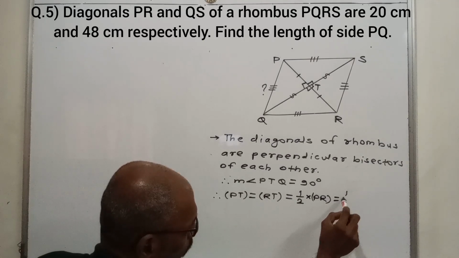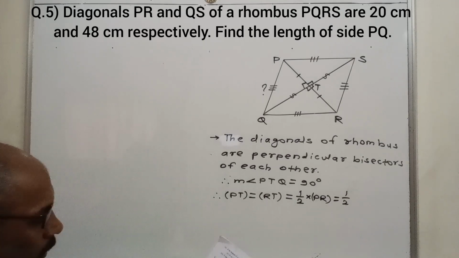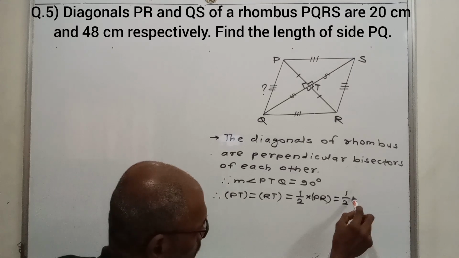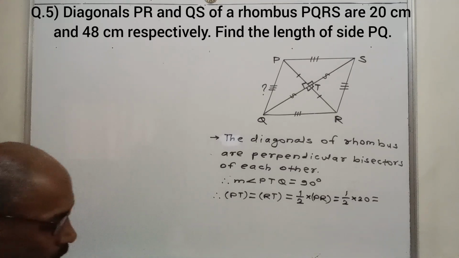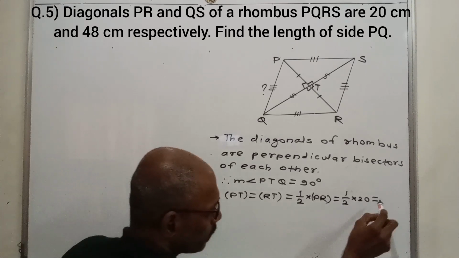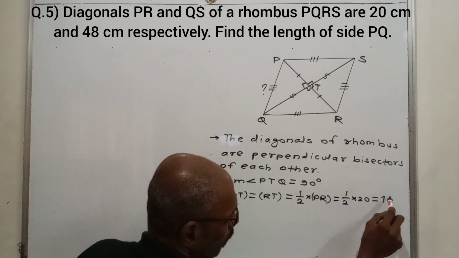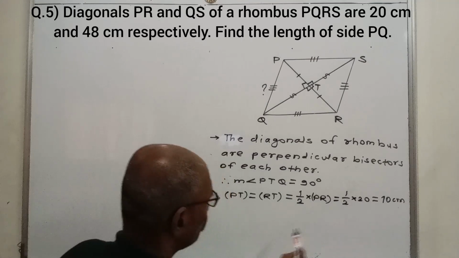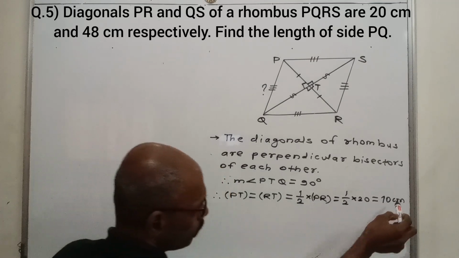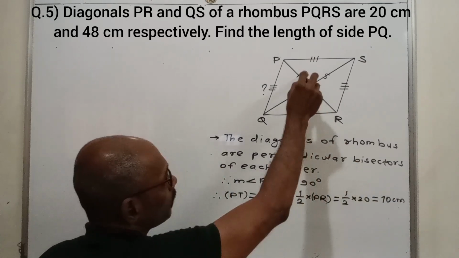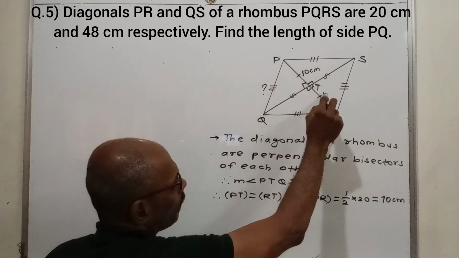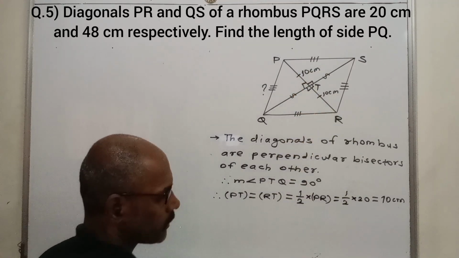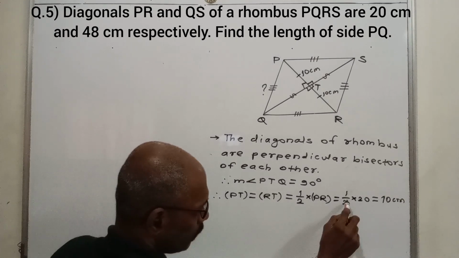Therefore, we have given PR 20 centimeter. Therefore PT is equal to RT is equal to 10 centimeter. This is 10. This is also 10 centimeter. Did you get it? Yes.